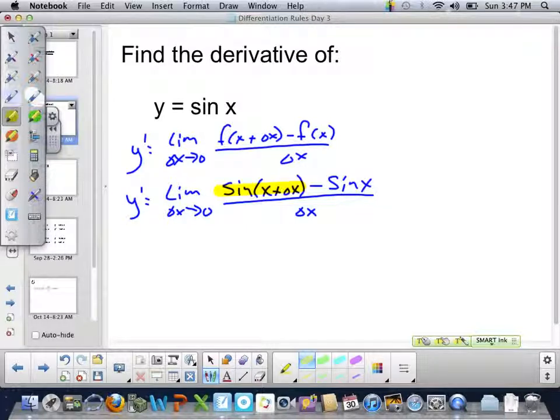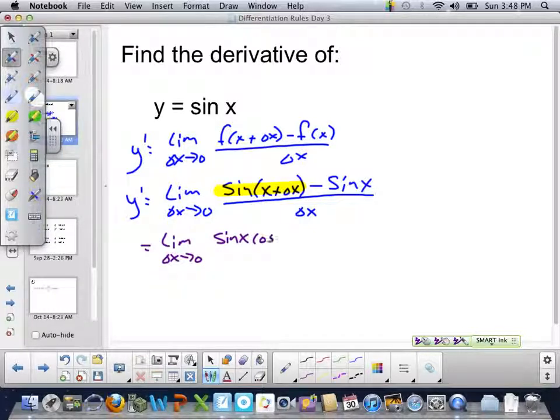For sine, we can simplify this out: the limit as delta x approaches 0 of sine x cosine delta x plus cosine x sine delta x minus the sine of x all over delta x.